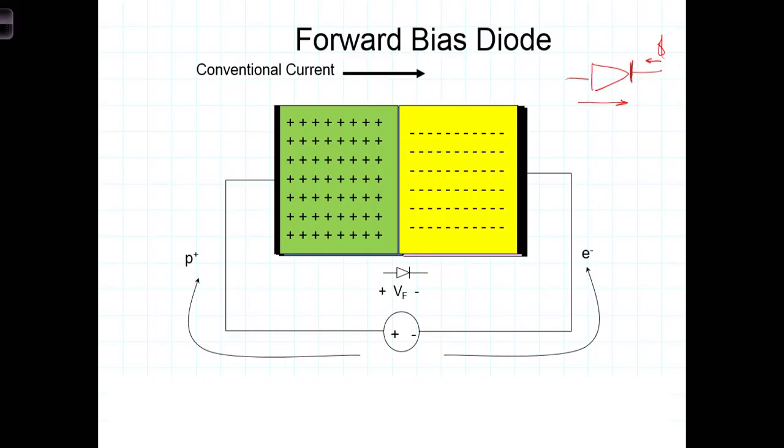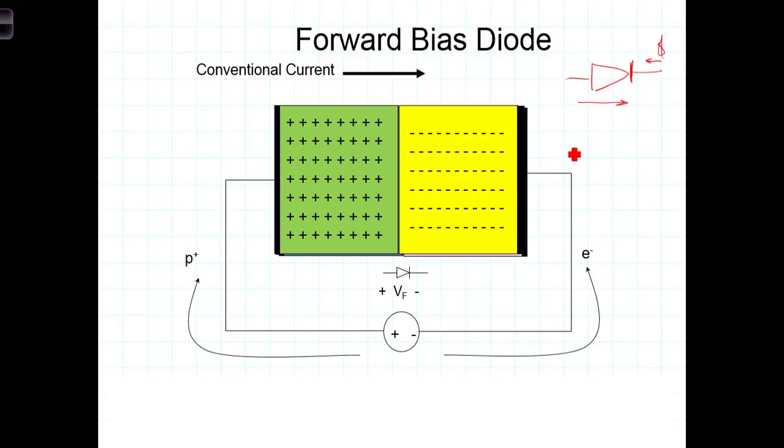So, to cause this diode to conduct, and we can think of it as a switch closing so that the switch closes and allows things to flow through it, we're going to apply an external voltage with a positive voltage, the positive terminal of voltage connected to the P side of the diode, and the negative side of the voltage connected to the N-doped side of the diode.